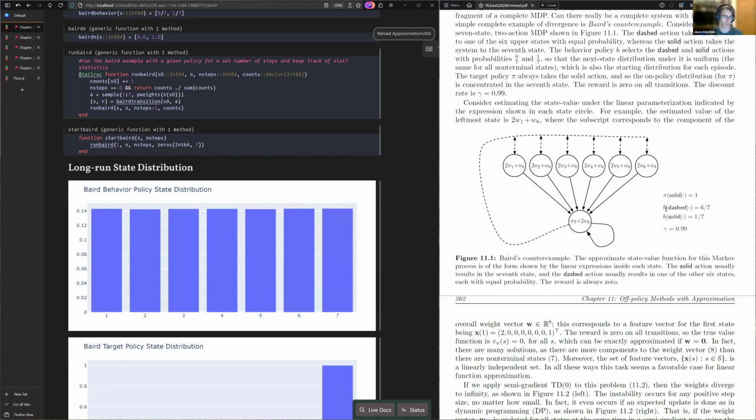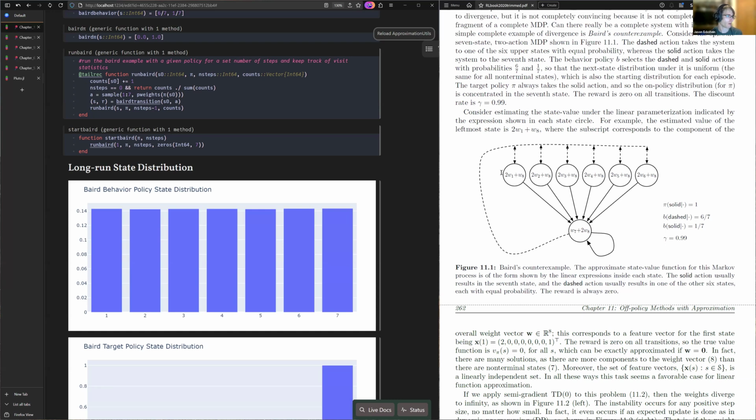So this behavior policy mimics the extreme case of visiting all the states an equal number of times, whereas the target policy has a completely different distribution of values. So this is a problem we could solve perfectly fine with tabular methods.